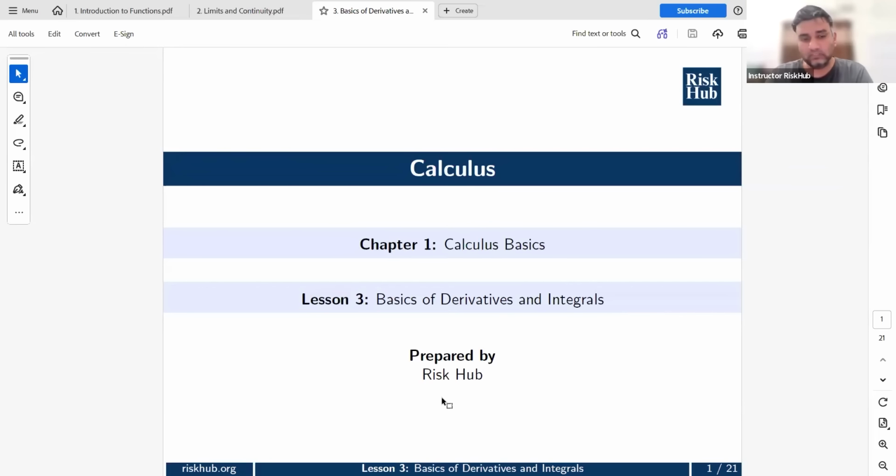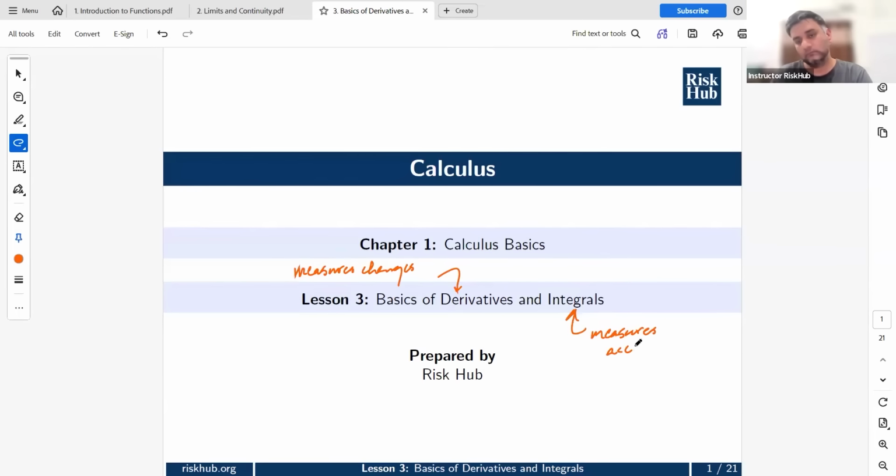One tool is derivatives, and one tool is integrals. The derivative as a tool measures changes, and integrals measure accumulation.